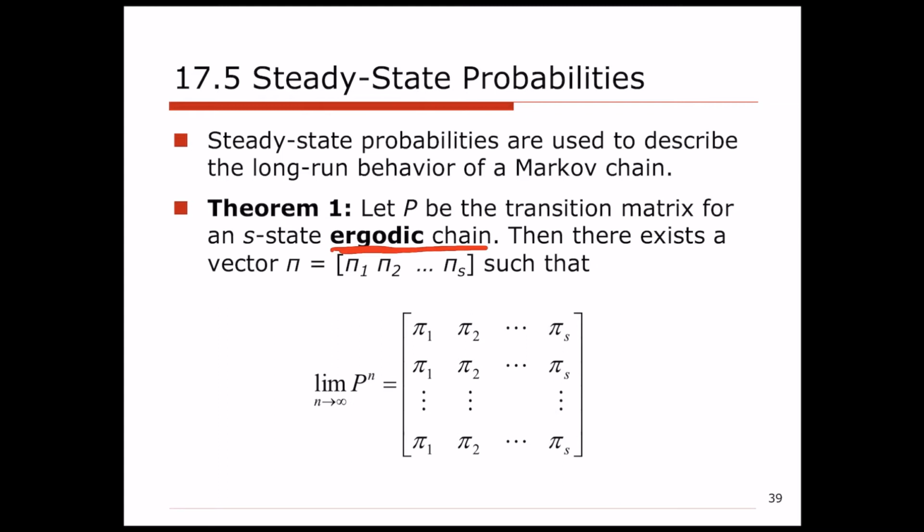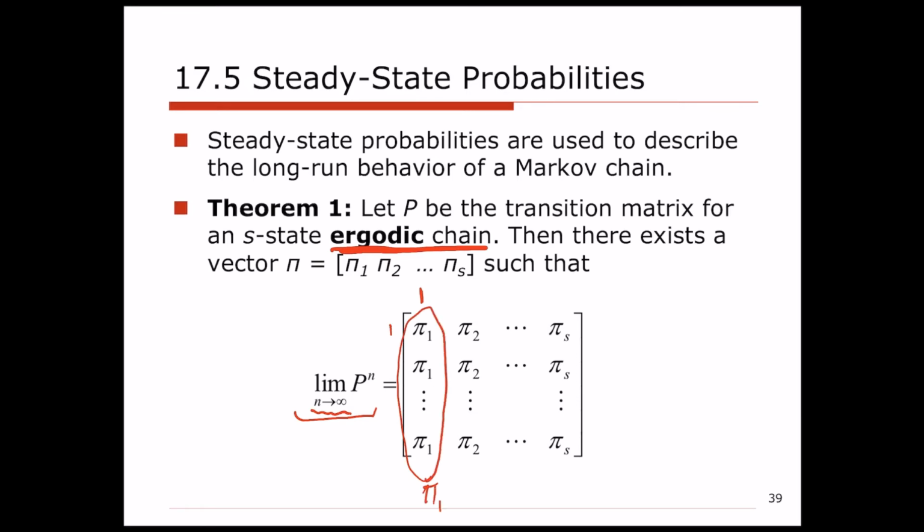And just to explain this notation, P^n shows the n-step transition probability matrix when n goes to infinity, meaning the behavior of the system in the long run. As you can see, the probability of being in state 1 converges to the value of pi 1, no matter where we start from.